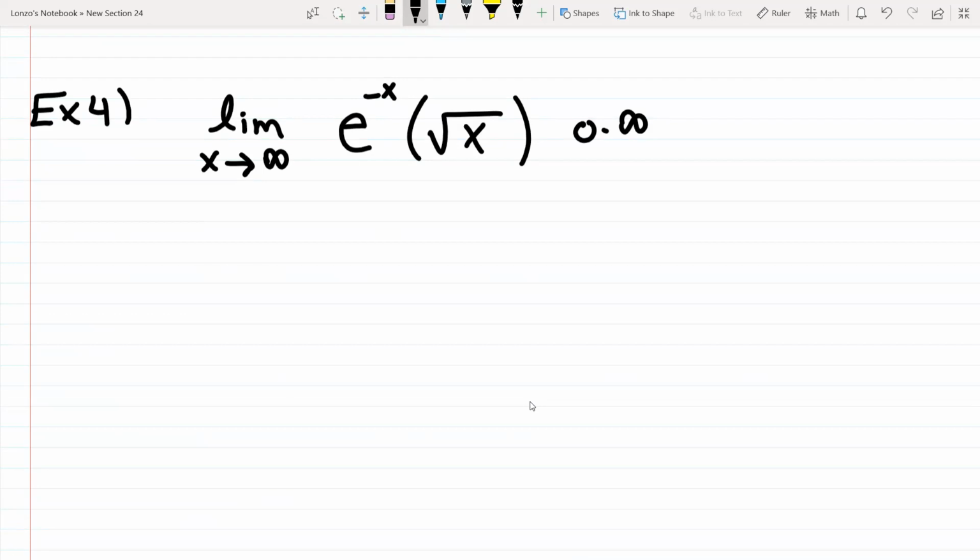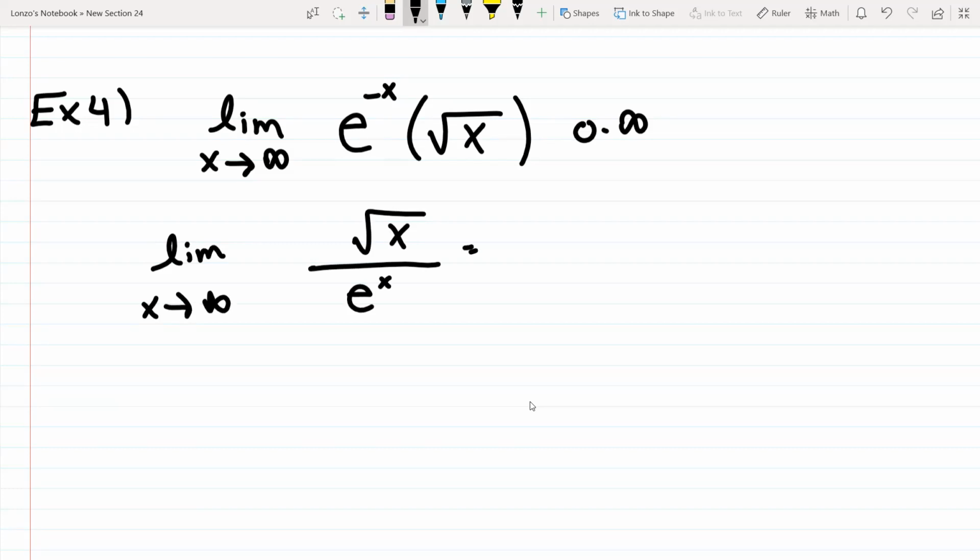So what I would do is rewrite this using only positive powers. e to the negative x is the same thing as 1 over e to the x, so we could put that in the bottom, and on the top is just radical x. Then when you put in infinity, that's going to be infinity over infinity. So it is indeterminate form.